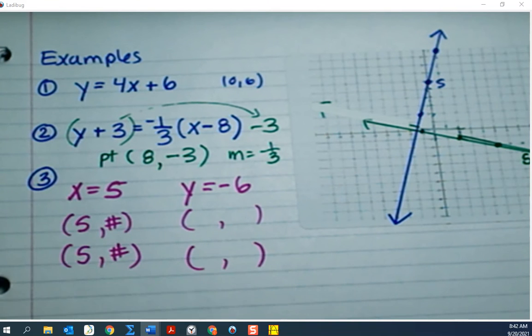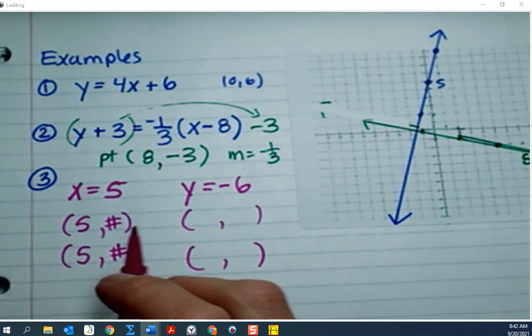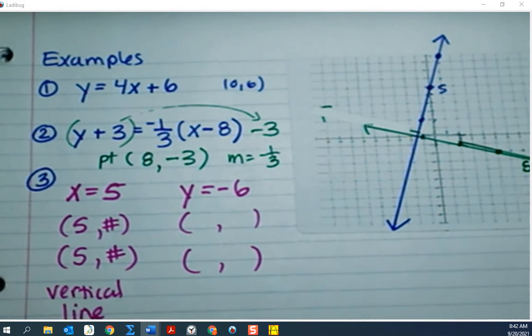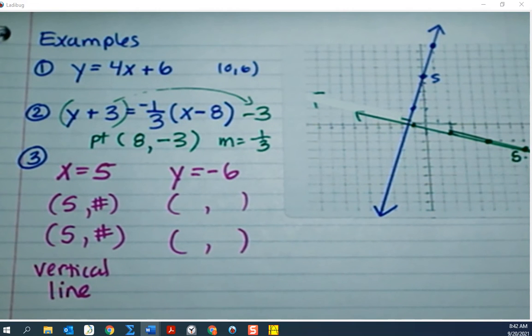So if x is always equal to 5, that's a vertical line. If x is always equal to a number, in this particular case 5, it makes a vertical line.